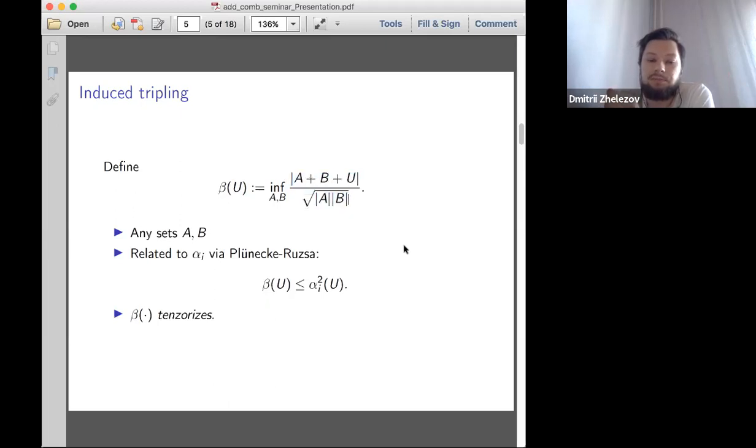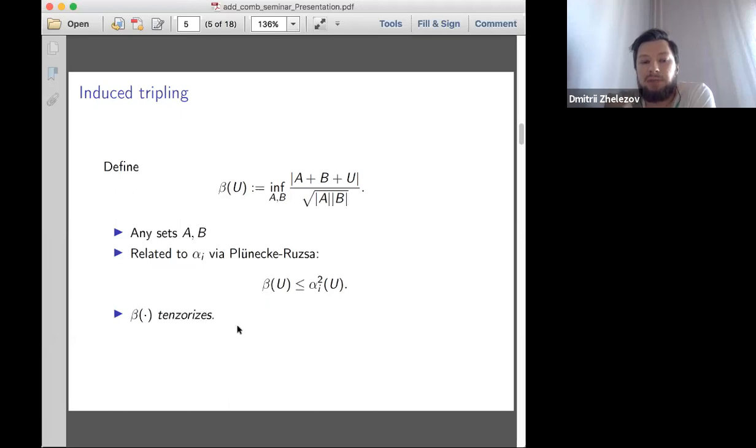And the main, so of course you can apply Ruzsa. So you have a decent bound for the alpha, which is induced doubling, if you're okay with the square root. But the key feature is that this beta tensorizes.